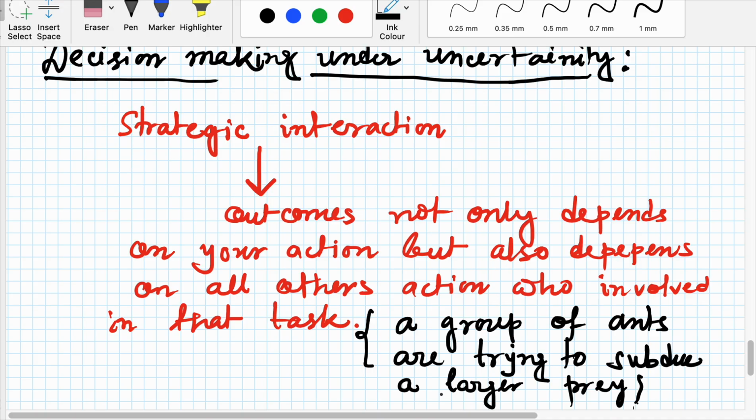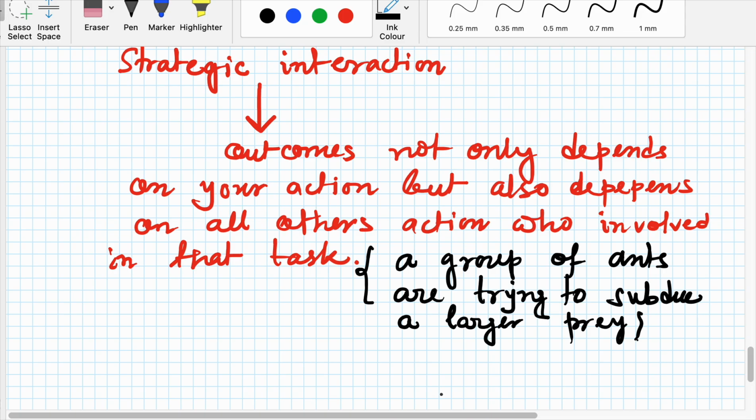They can successfully kill the prey only when all the ants together attack it, and then only this group of ants can successfully take their prey to the nest. So this is a strategic interaction.